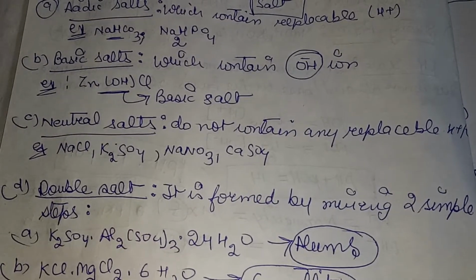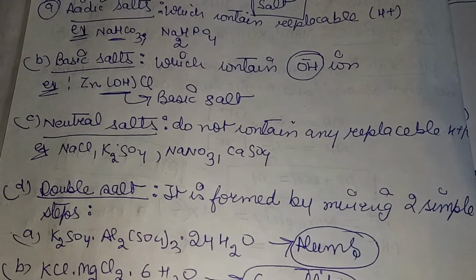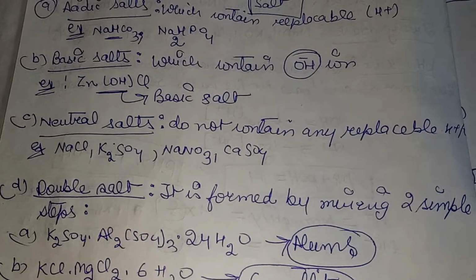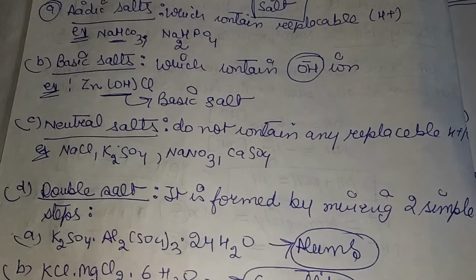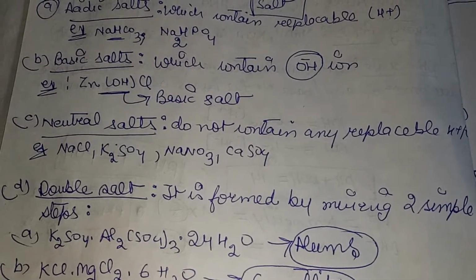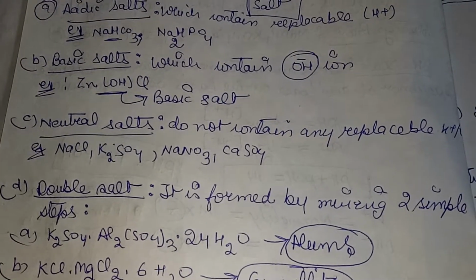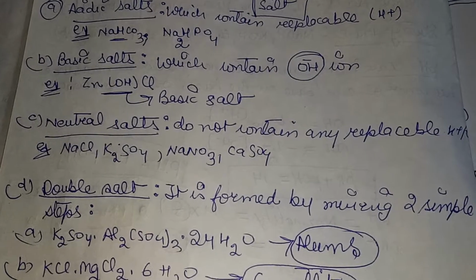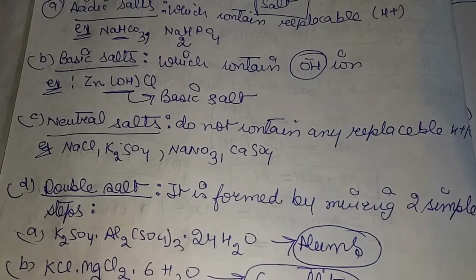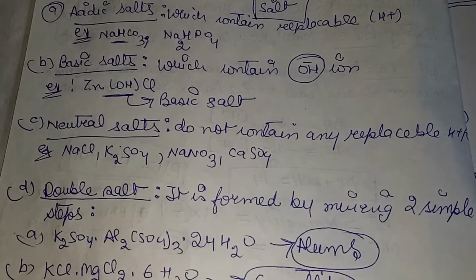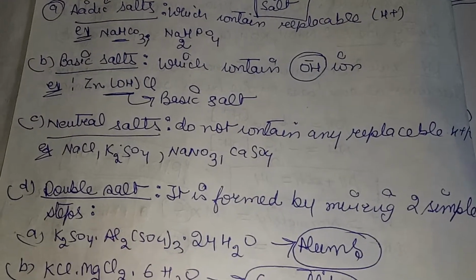It doesn't mean that because H ion and OH ion are not present, it will not come in the category of salt. They are salts: NaCl, sodium chloride, K2SO4, potassium sulfate, sodium nitrate NaNO3, CaSO4, and many examples are there, which do not contain replaceable H ion and OH ion, but they are neutral salts.